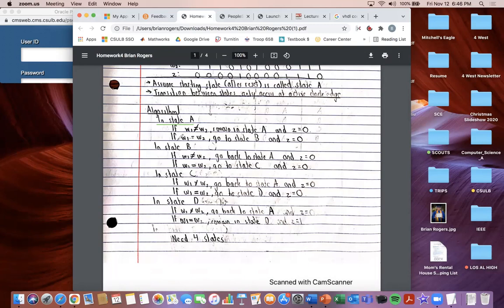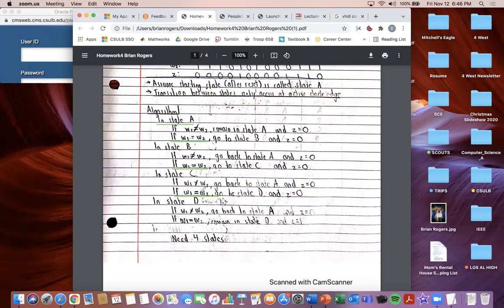If they're equal, go to the next state. They're equal again, so that's twice. Equal a third time, equal a fourth time, then Z should be 1. That's how I knew I needed 4 states. If they're equal 4 times in a row, then Z is 1. If they're not, Z is 0 for all the rest of these opportunities.